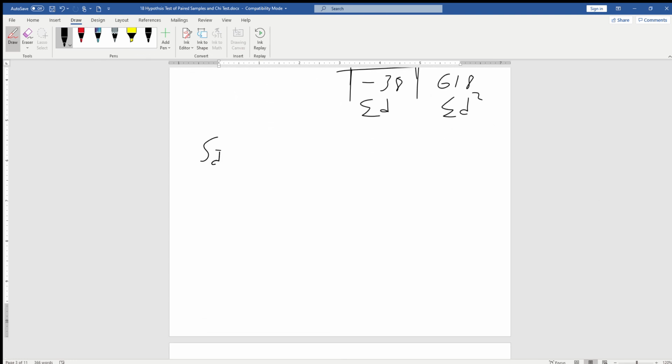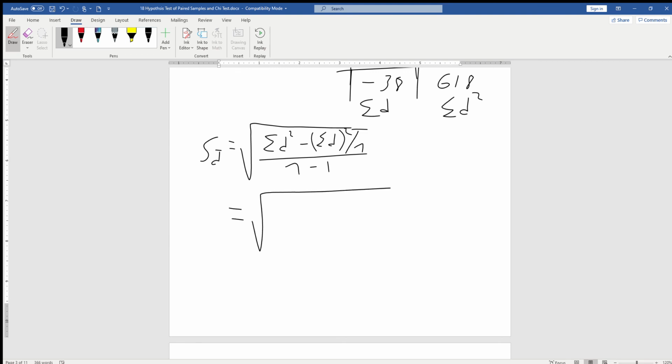We have SD bar, which is equal to the square root of the sum of D squared minus the sum of D quantity squared over n, divided by n minus 1. Now if we plug that into our formula, that's going to be the square root of 618 minus negative 38 squared divided by n, which is 4, divided by n minus 1, which is 3.